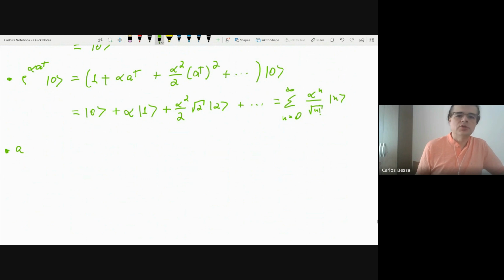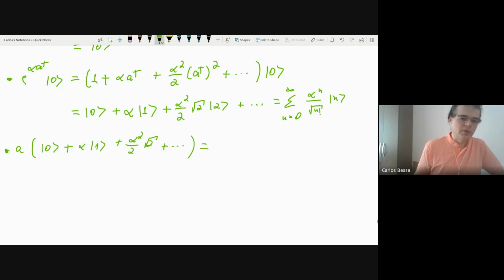a applied to this expression here will have 0 plus alpha |1> plus alpha squared over square root of 2 in the other terms.